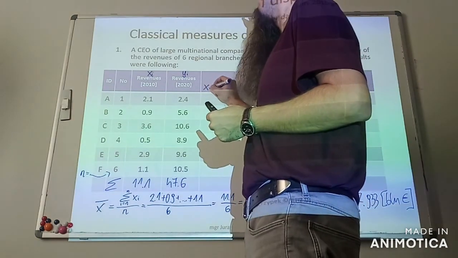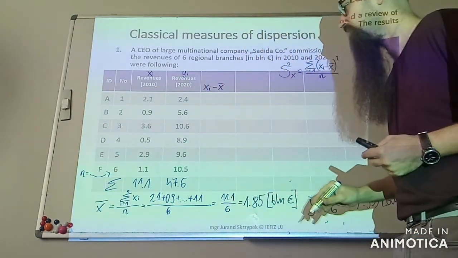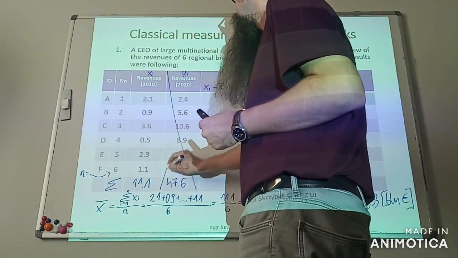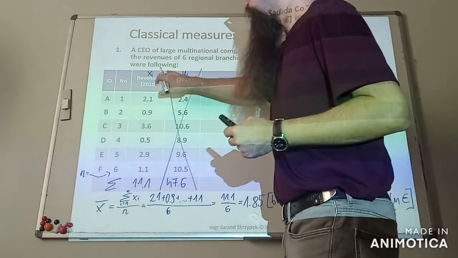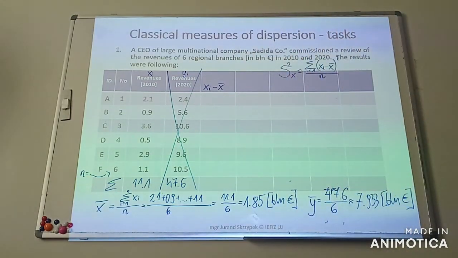First step, xi minus x mean. So we don't care at the moment about the revenues in 2020. We deal only with the values of x.